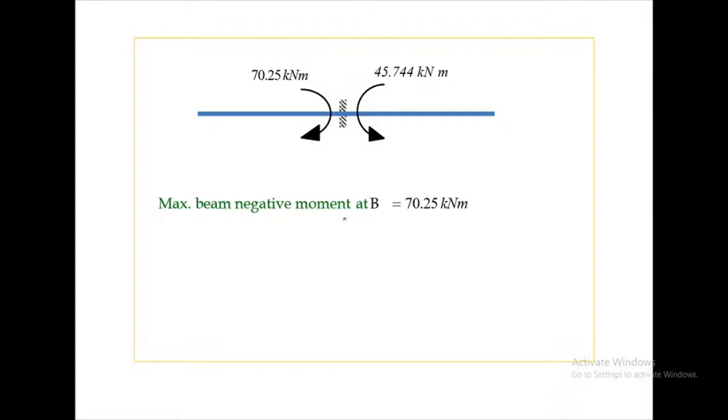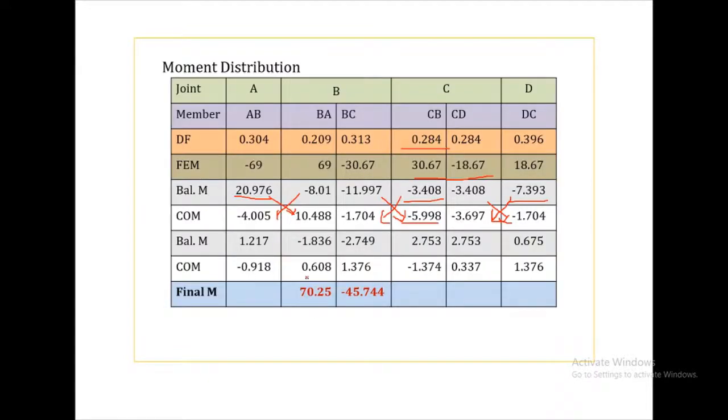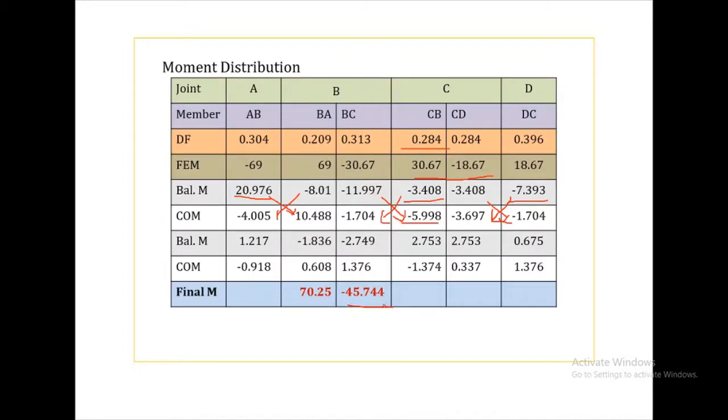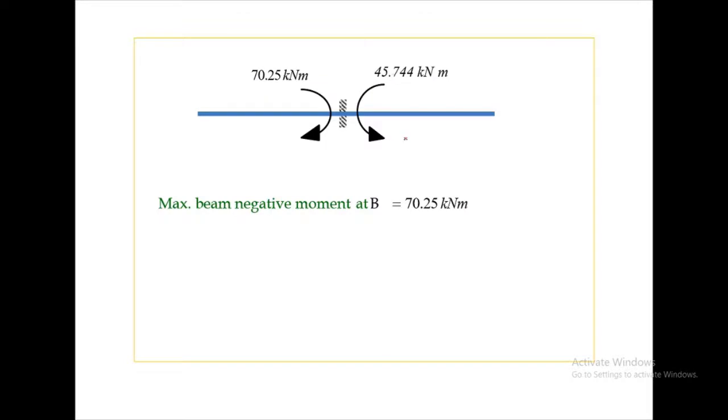Then the next step is that we draw the span, and we have a 70.25 kilonewton meter acting clockwise and a 45.744 kilonewton meter acting anti-clockwise.